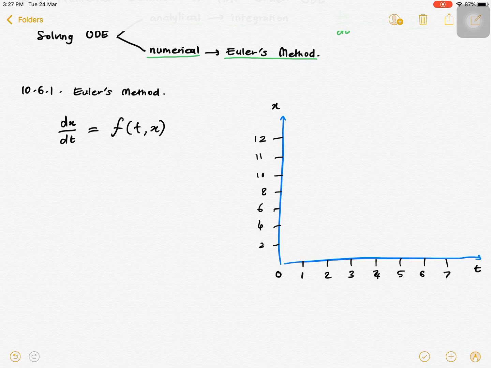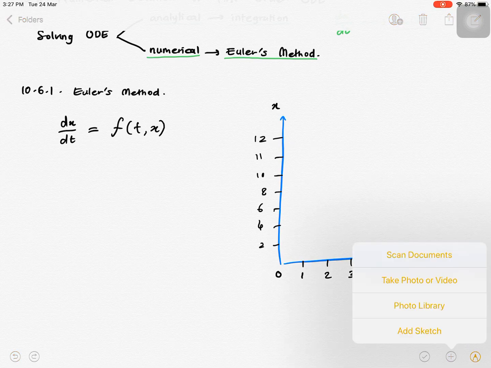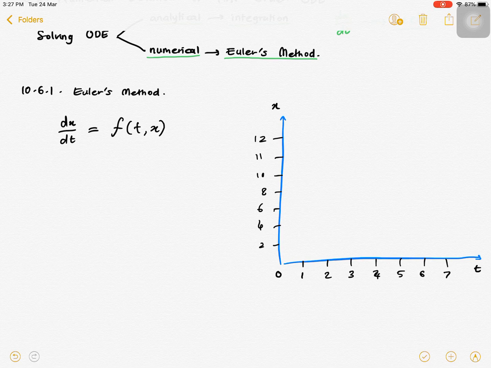Okay, now let's say the first point that we want to use is 1, 2, right here. So 1 is the value for t and the value for x is 2. So it's (1, 2), right?